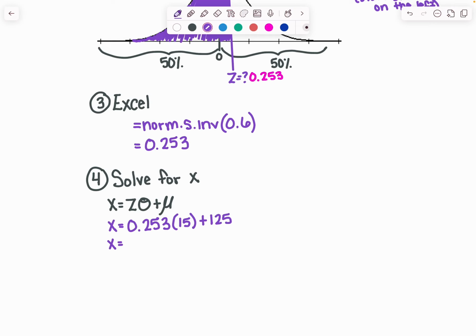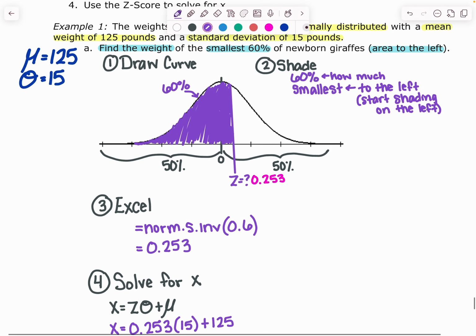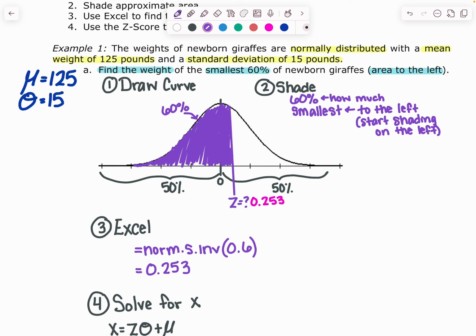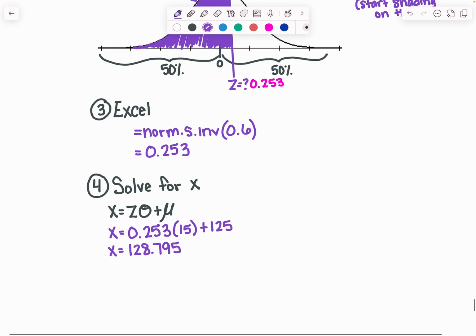So 0.253 times 15 plus 125 is 128.795. We have a unit on this answer because it represents the data, and it was a weight, and our weights were given to us in pounds.